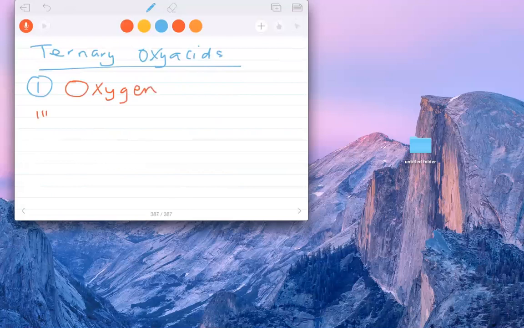They have hydrogen in their chemical formula, and they have aqueous as their physical state. These are the three items I'll be checking in order to classify an acid as a ternary oxy acid, from the word oxygen.